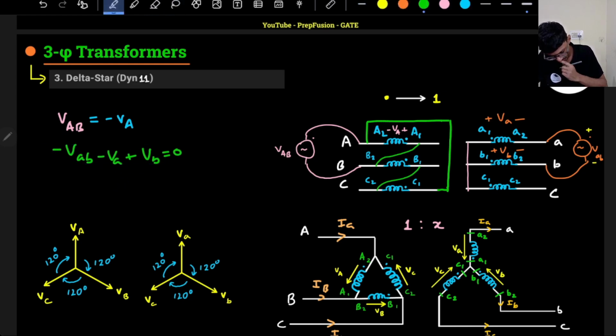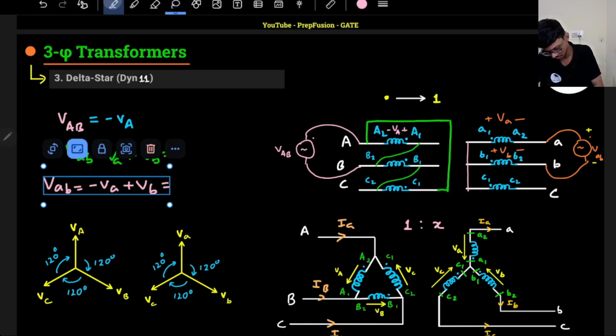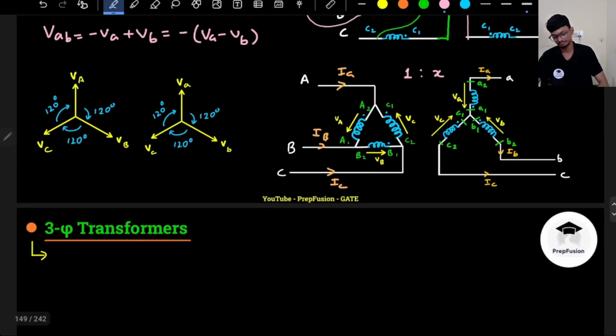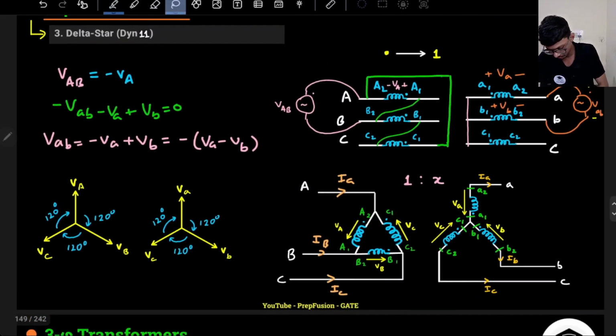What I can write here is my VAB will be equal to minus VA plus VB, that is equal to minus of VA minus VB, just the opposite side, right?